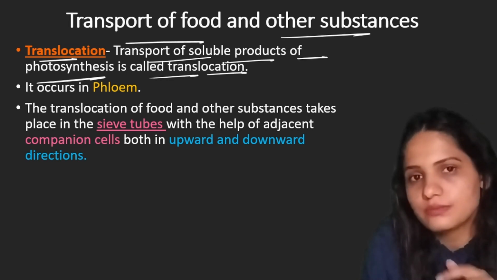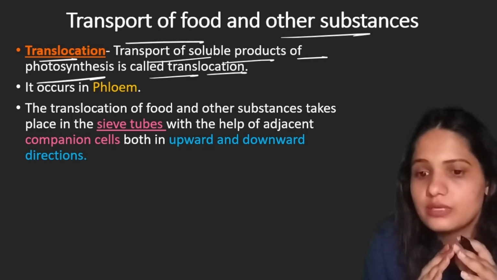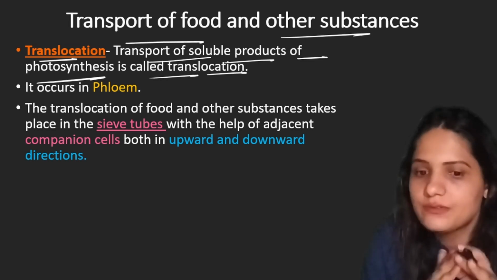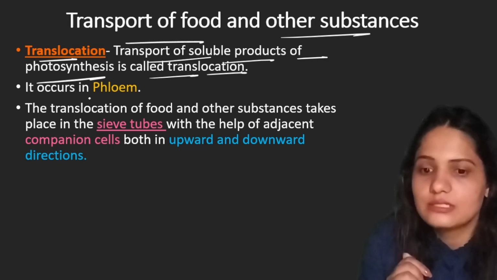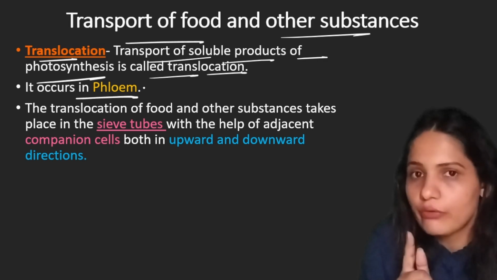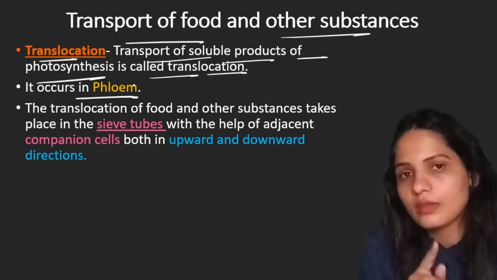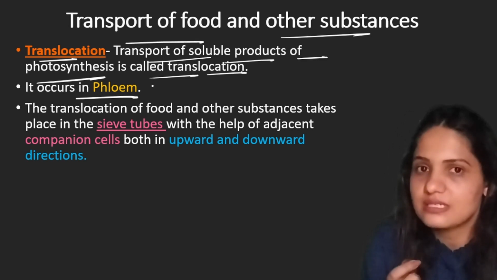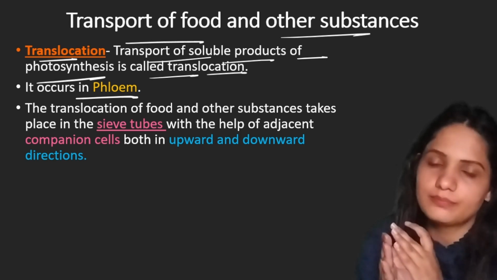This process of transport of soluble products of photosynthesis, glucose, sucrose, from leaves to other parts of the plant is called translocation. And this translocation is done by phloem, as phloem is responsible for transport of food. Translocation is the process of transporting food from the leaves to other parts of the body.